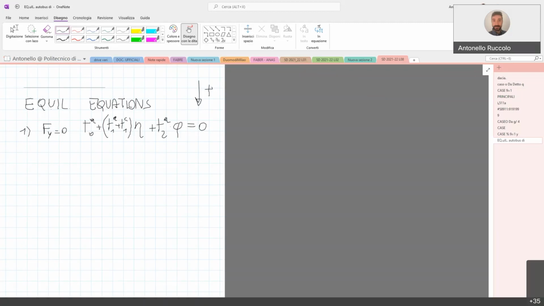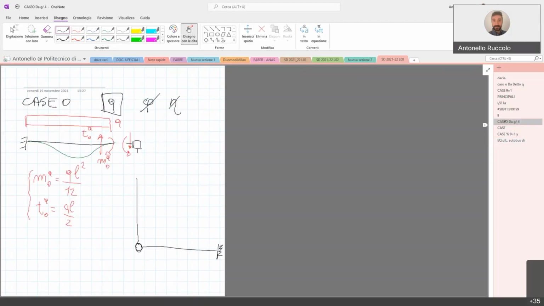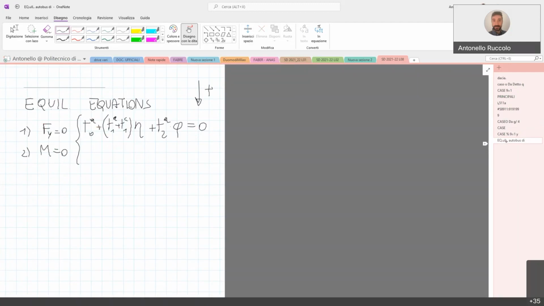The second equation is the rotation in the node B, obviously. And so we have the MA0 that is counterclockwise. Let's consider counterclockwise positive.